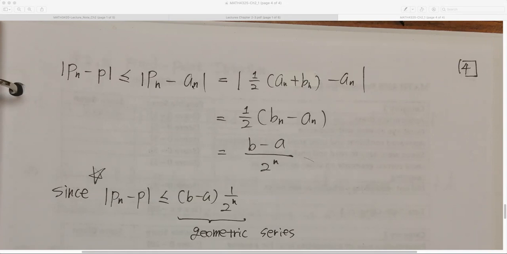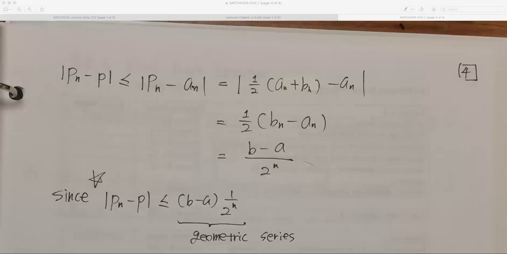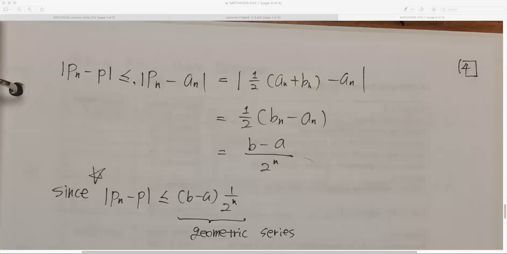Okay? So since p is greater than an, pn minus the bigger number must be less than pn minus the lesser number. Makes sense, right?